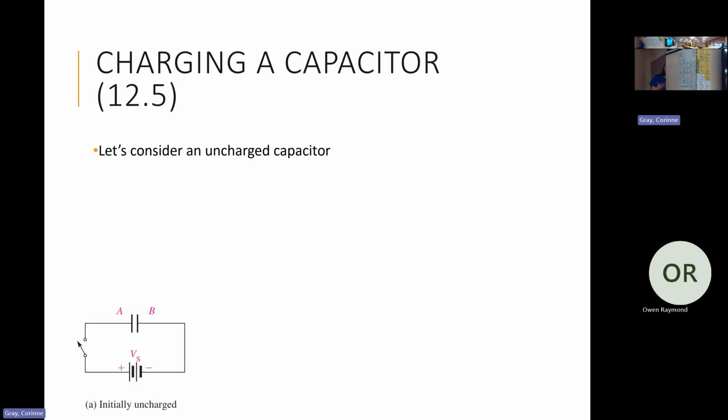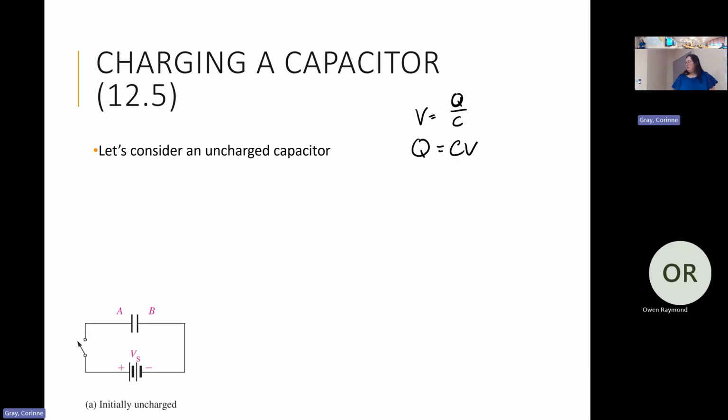Eventually, I might want to figure out what charge I have on that parallel plate capacitor. That would be the capacitance times the voltage. And if I wanted to find the voltage, that would be the charge over the capacitance. Whichever one we happen to be looking for, we can utilize.